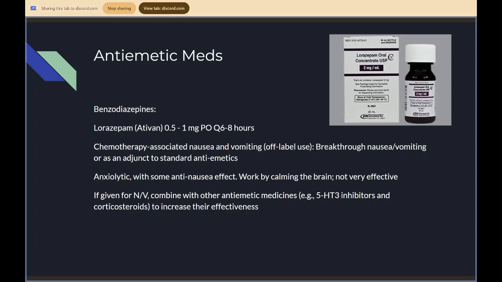It is an anxiolytic with some anti-nausea effect. It works by calming the brain. Here it says not very effective. I would say anecdotally it is effective if it comes to it. And if given for nausea and vomiting, we combine it with the other 5-HT3 inhibitors and corticosteroids.